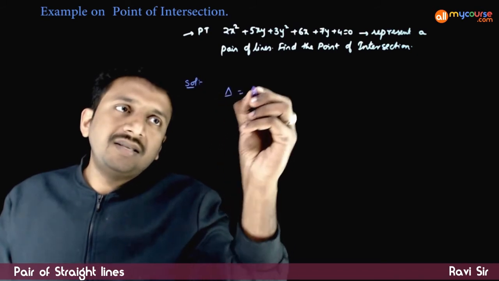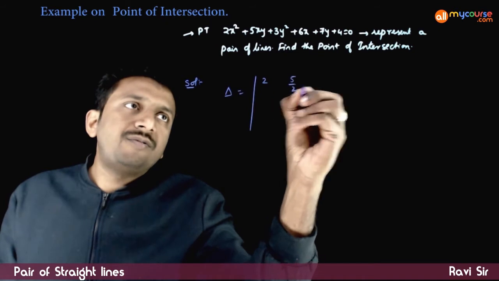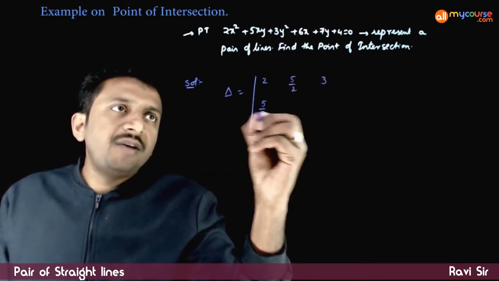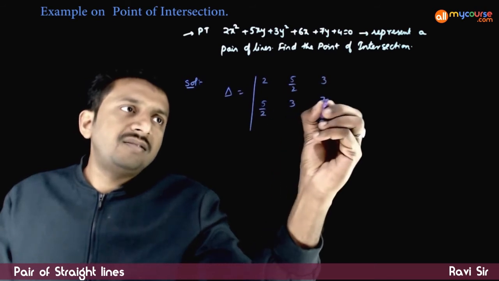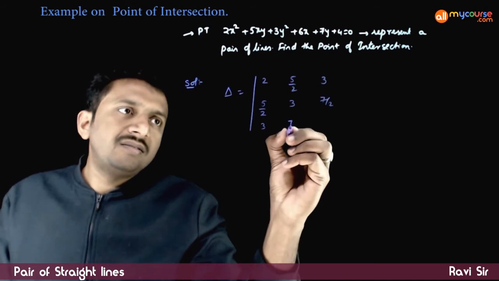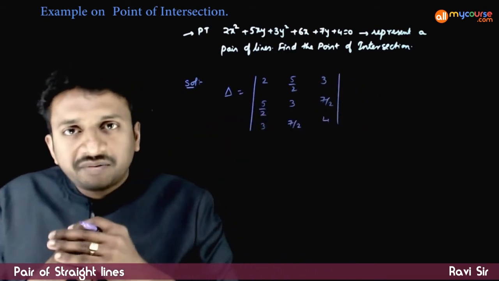So delta is equal to the determinant of 2, 5 by 2, 3; 5 by 2, 3, 7 by 2; 3, 7 by 2, 4. So this is the determinant.